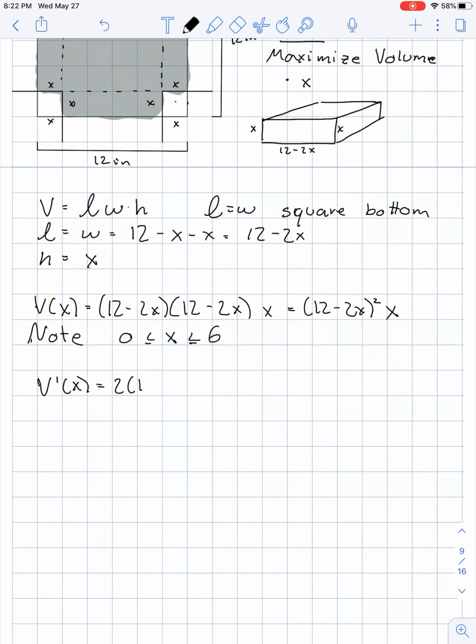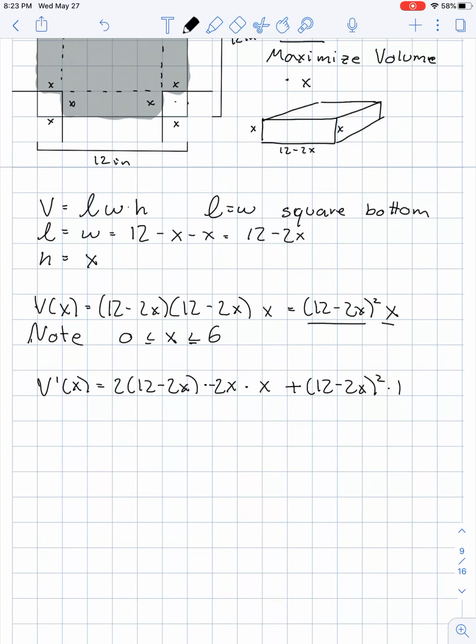So we get 12 minus 2X times negative 2X times X again, right? So we took the derivative of this function of X and we kept this one, plus 12 minus 2X squared, and then times the derivative of X, which is just 1.